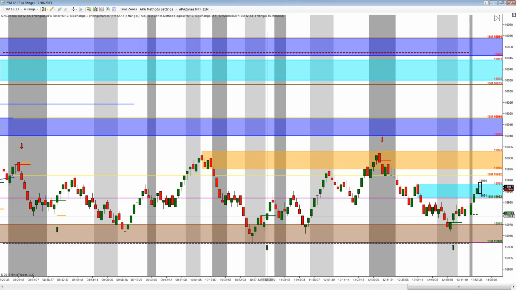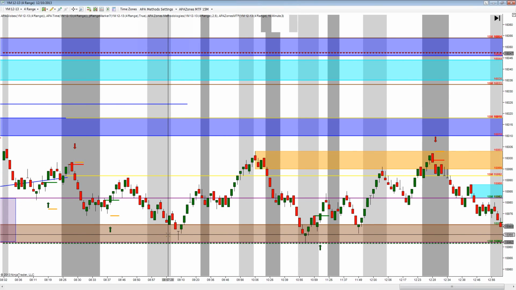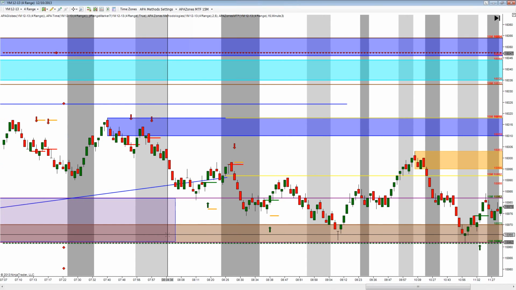Okay, and you can see that it's plotting out the signal, and as soon as this red bar plots above this and this bar closes, then the little arrow will pop up. Okay, but I wanted to make sure that price is going to really stop here, because look at how many times this zone has been retested throughout the day.